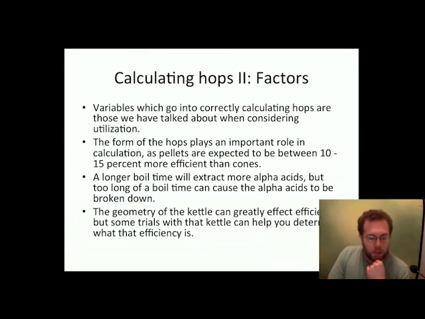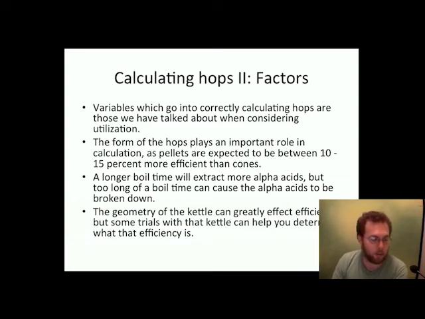So some of the factors that you're going to look at when you're calculating go into utilization, as I said before, but also the form of the hops that you're using, whether it's pellets or cones. With pellets, you're expecting 10 to 15% more alpha or isoalpha acids to be extracted than with cones.